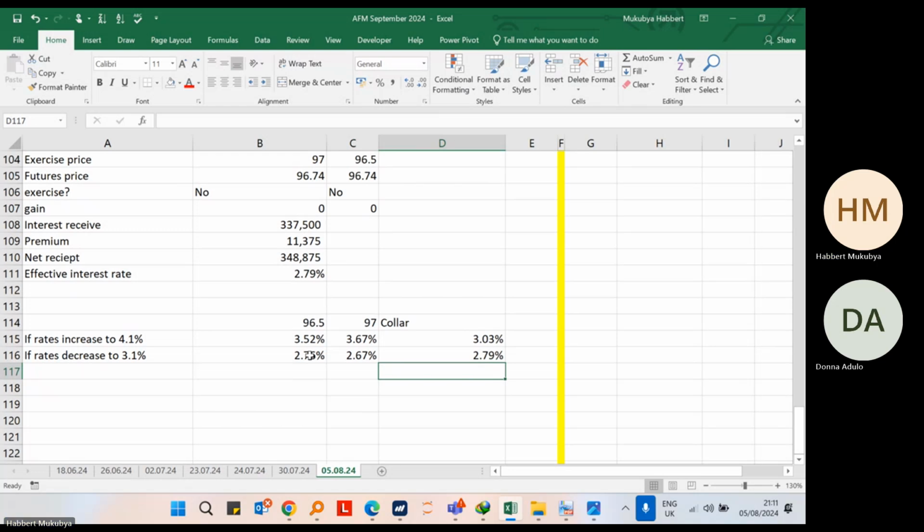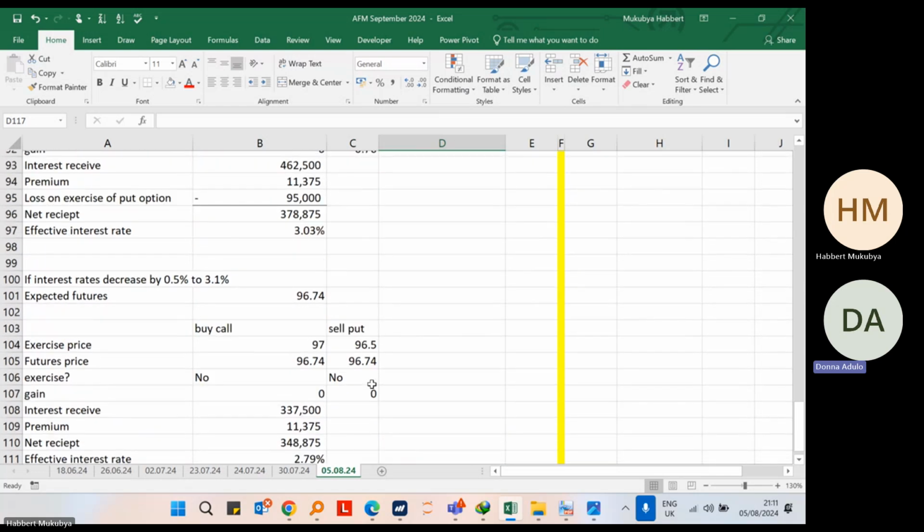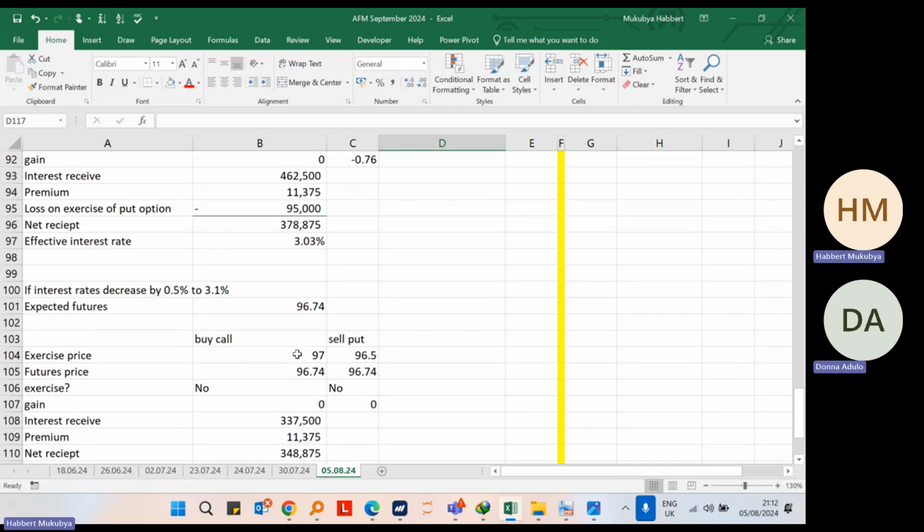Now, of course, it looks like, hold on. For the part where we're saying that the interest rate drops by 0.5%, the part where you have 96.5 and 97, isn't that supposed to be 96.5?